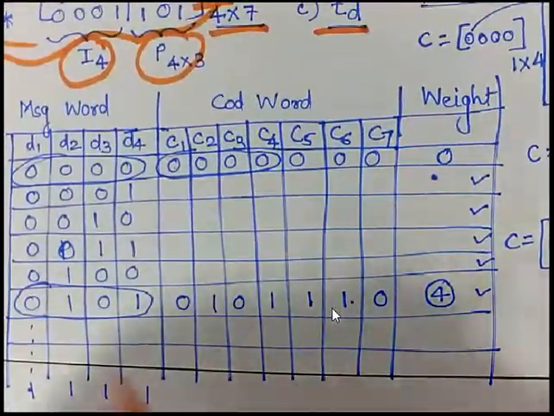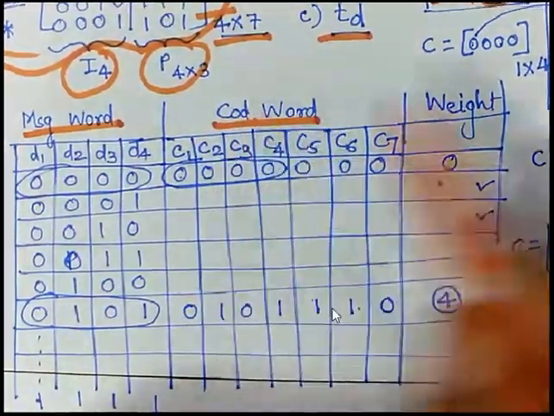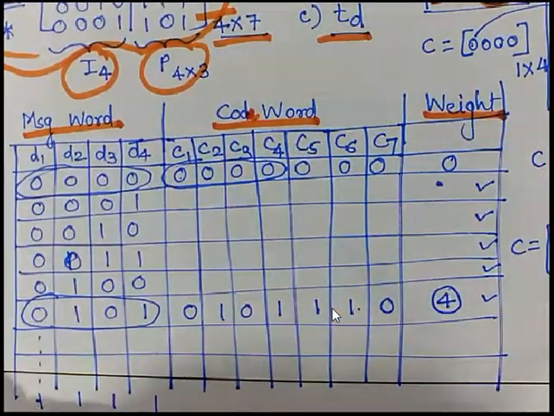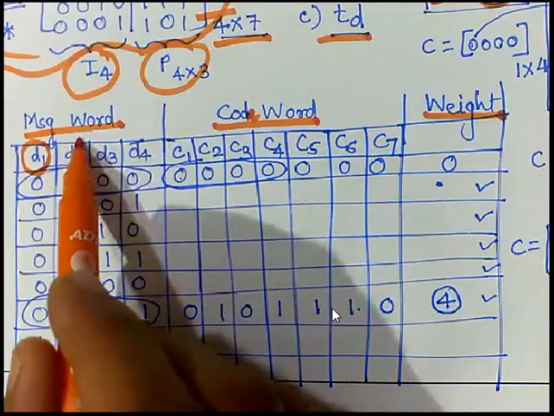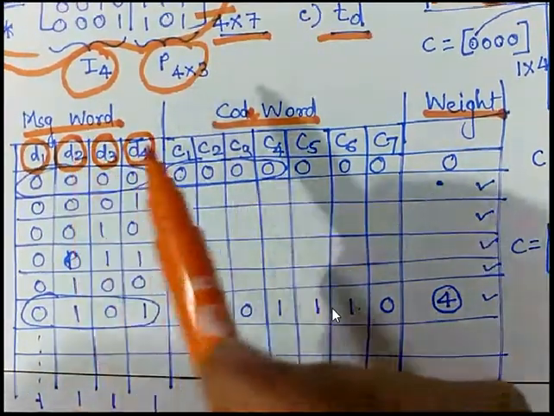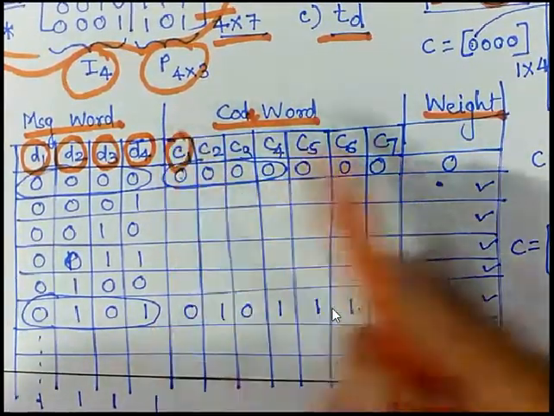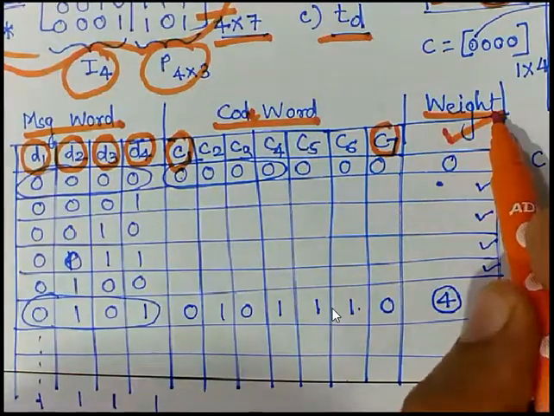So by knowing it, we prepared the table with message word, code word and the weight. In the message word, since it is of 4 bits, we named it D1, D2, D3 and D4. Likewise for the code word, it is C1 to C7, and finally the weight.